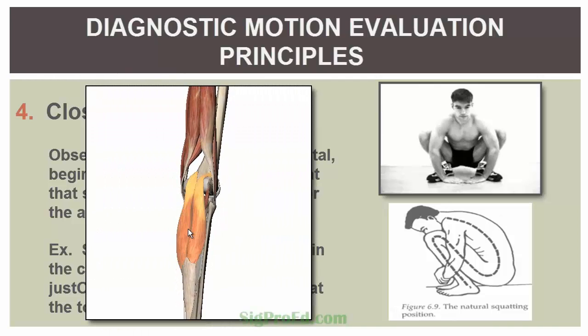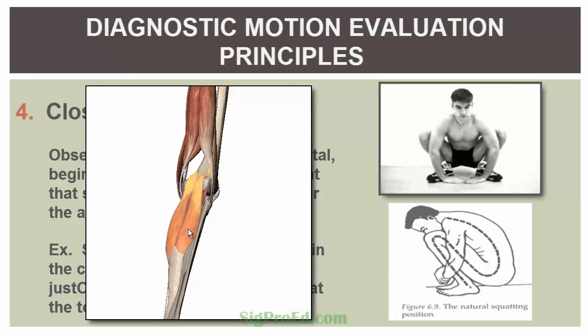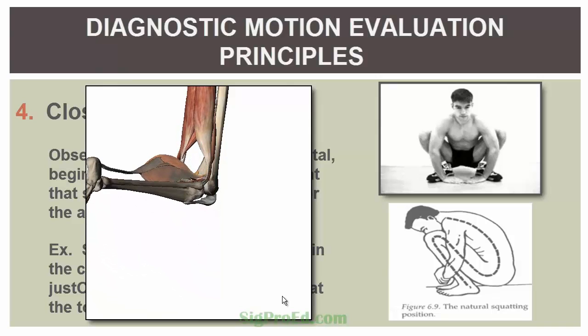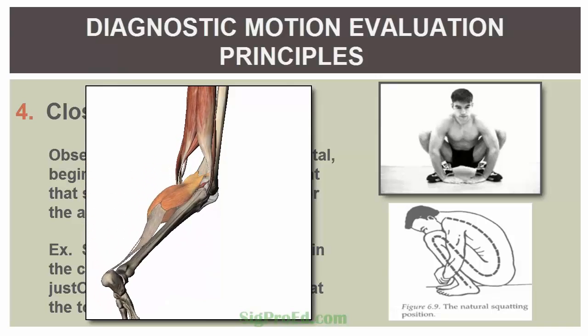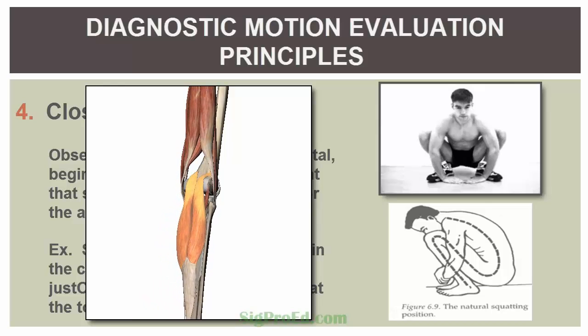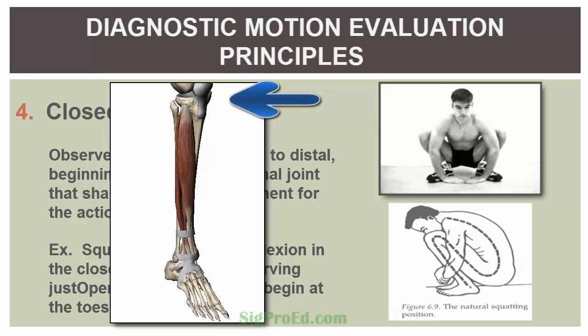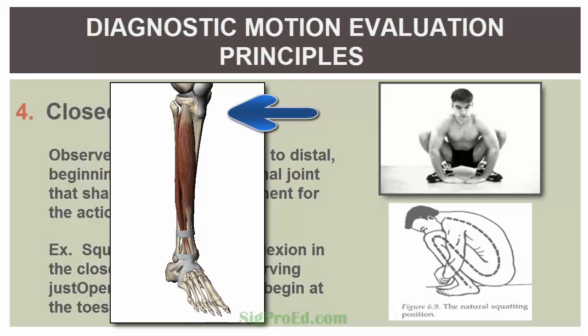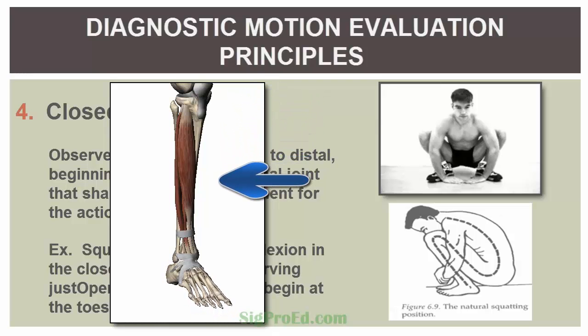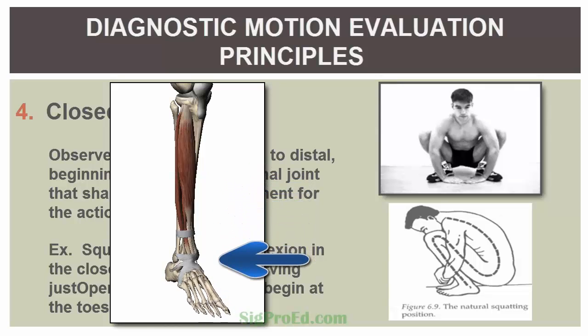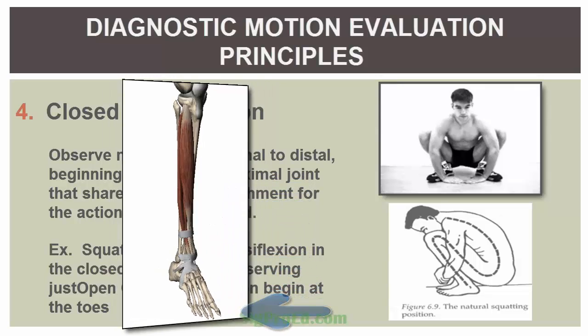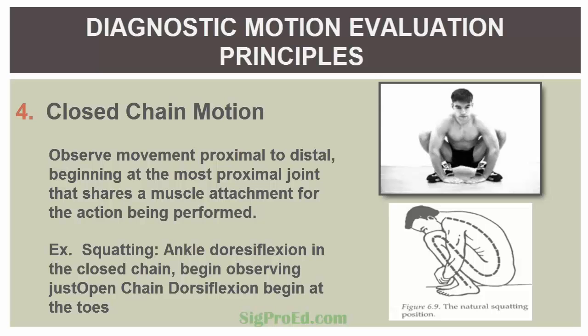The gastroc crosses the knee joint posteriorly and attaches to the femoral condyles. So in this case, we would begin our observation and palpation at the knee, meaning does the upper tibia come forward into dorsiflexion, followed by the middle of the tibia and fibula, I should say, down to the ankle, and then through the toes.